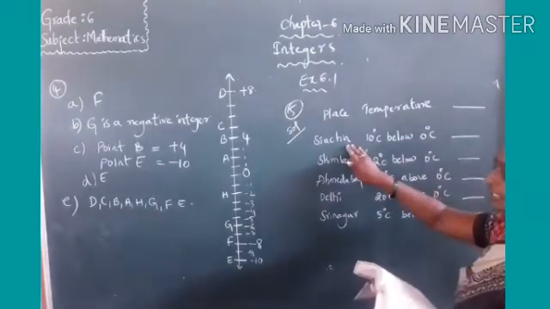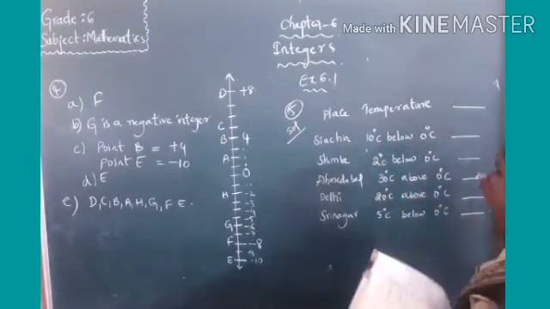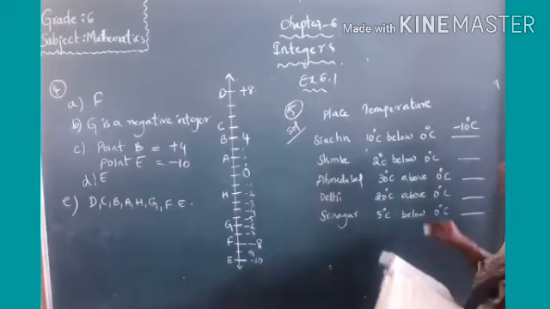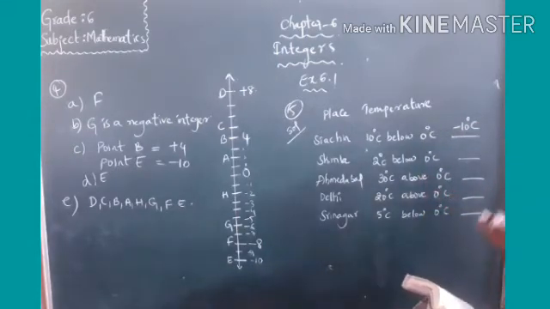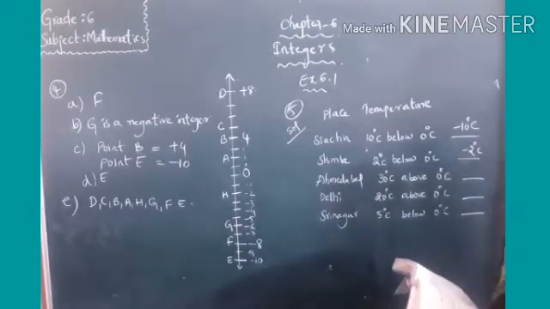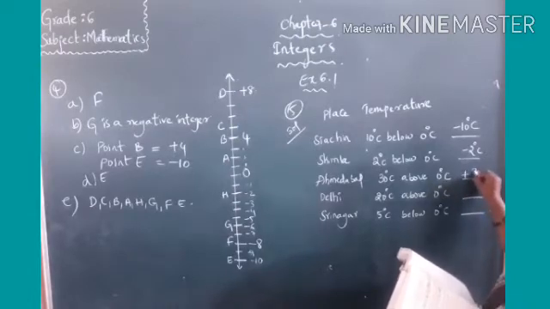So temperature in Siachen 10 degrees below. Below means minus 10 degrees Celsius. 2 degrees Celsius below, very good, so that is minus 2 degrees Celsius. 30 degrees above, yes, plus 30 degrees Celsius.